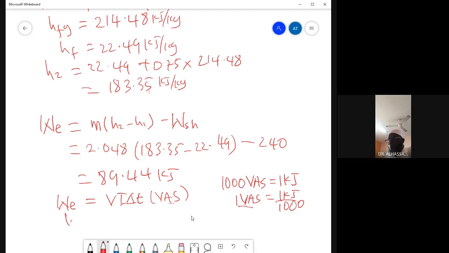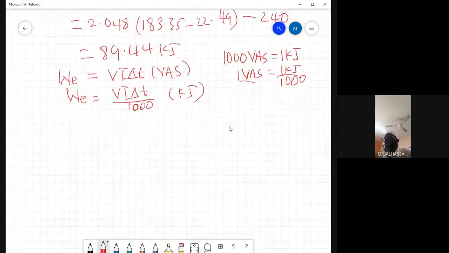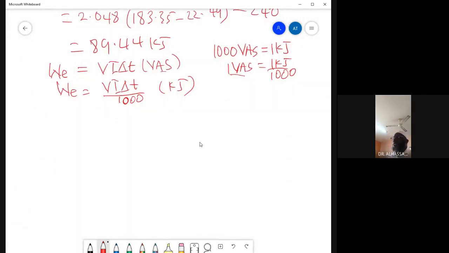Then I'll have W E equals V I delta T divided by 1000. So now this is in kilojoules. The reason we are doing this is that the shaft work is in kilojoules, and the heat transfer also should be in kilojoules.